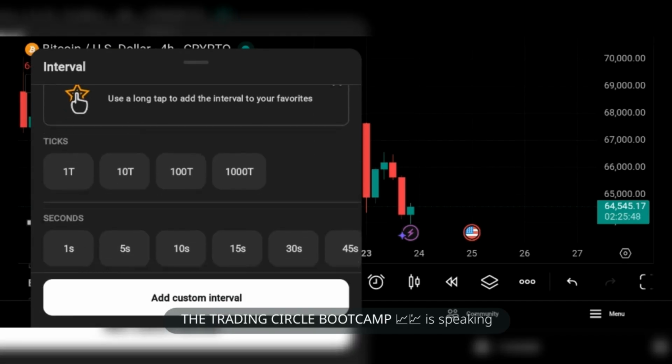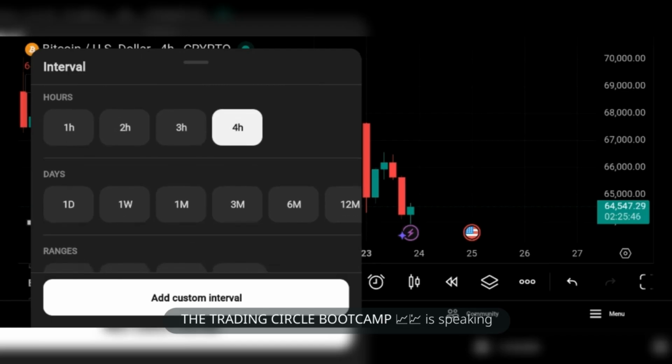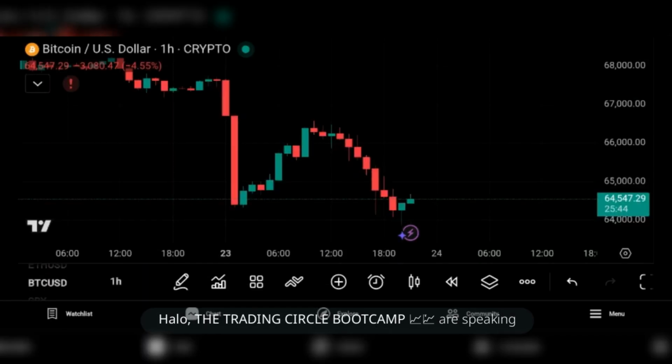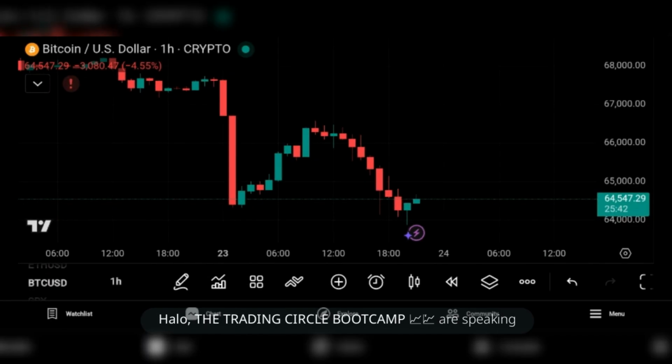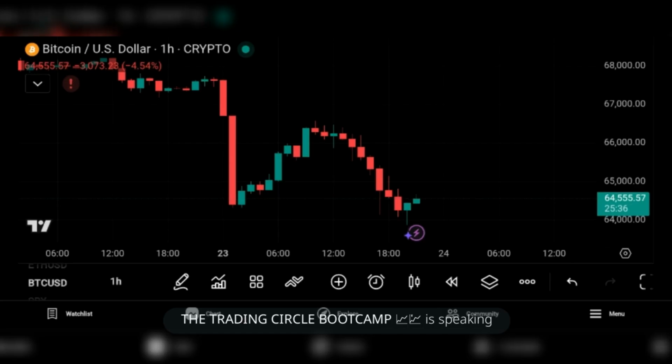Let me go to the lower time frame so that I can continue. Okay, let's go to 1 hour. So you see 1 hour is missing now. When you look at the time, you see 25:39. So it's just telling you that in 25 minutes, this last candle is going to close, and then another candle will open. Another trading session will begin.